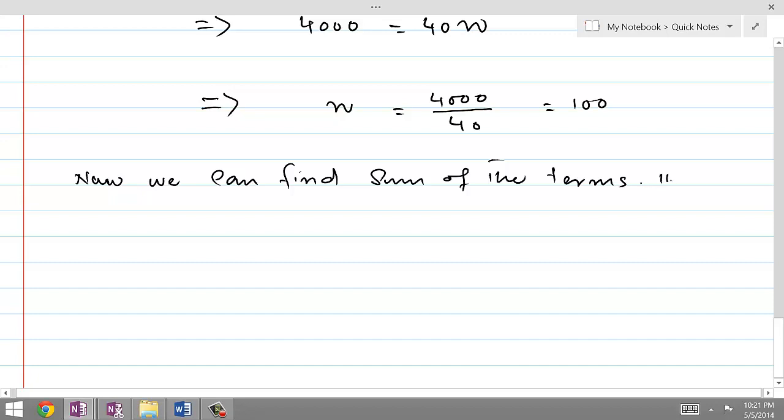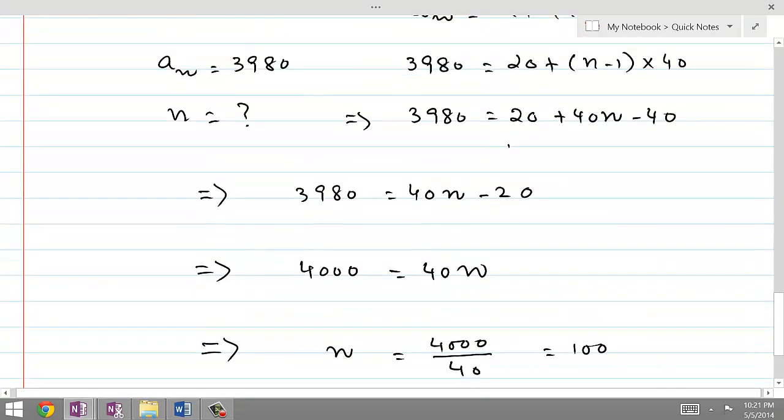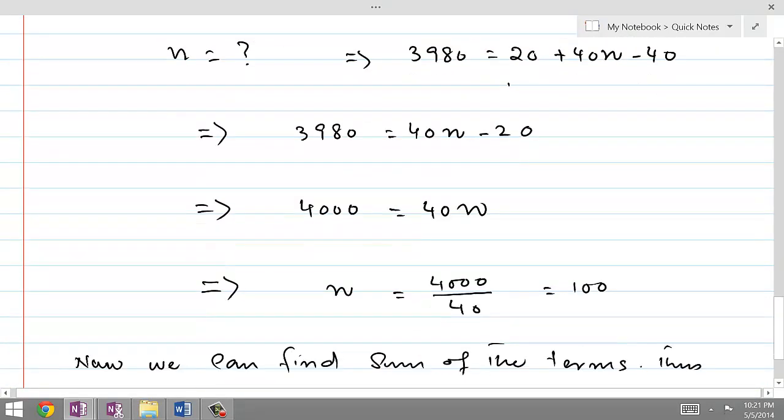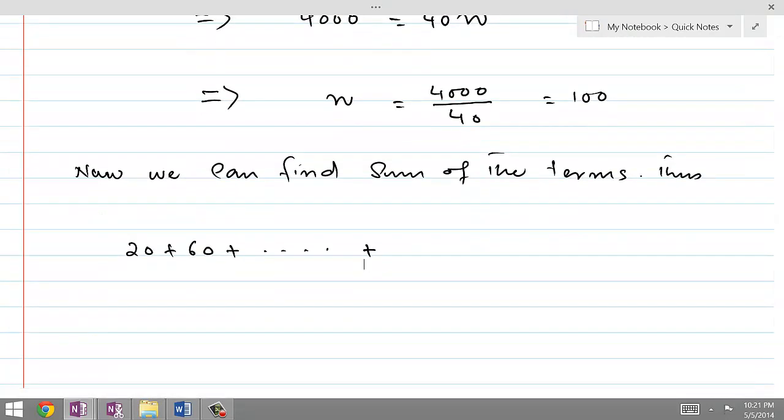Thus, this will be 20 plus 60 plus so on, and the last term was 3980, up to 100 terms.